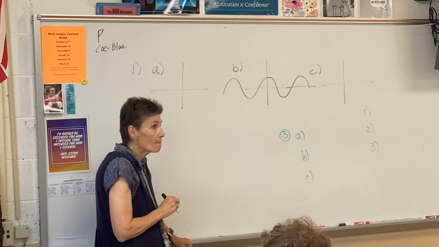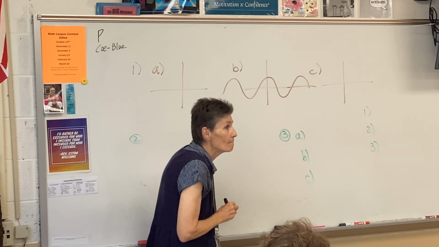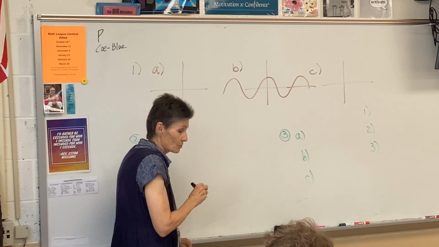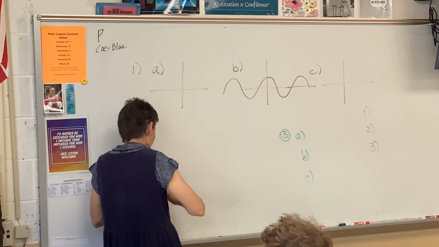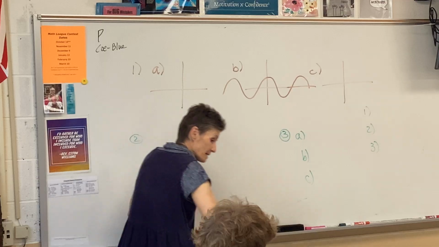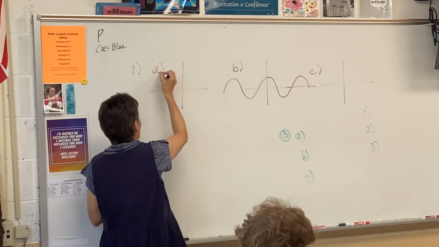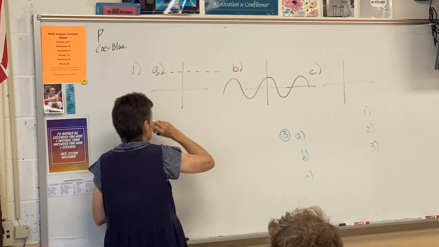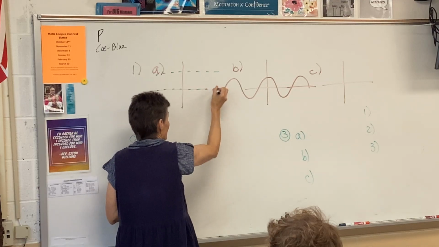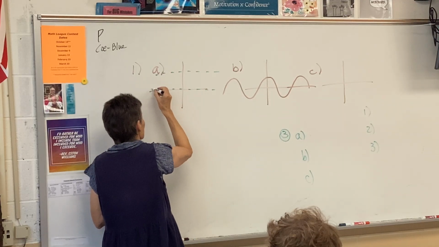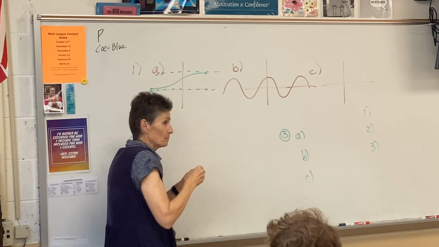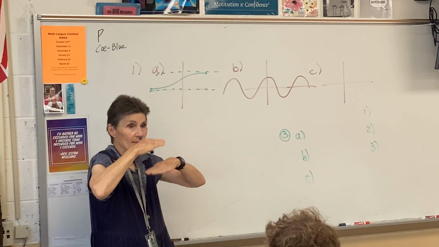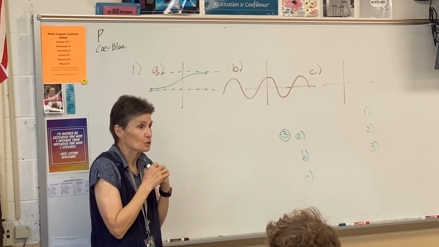Is A the one where it's like on the left side and straight, but then it curves up? Yep, so A is your logistic function, and remember the logistic function has an asymptote at 1 and an asymptote at 0, and then it squiggles up in between those. It's trapped in between those.